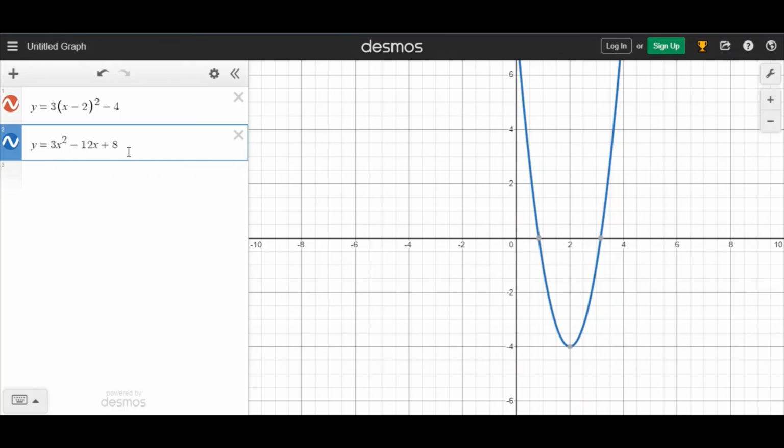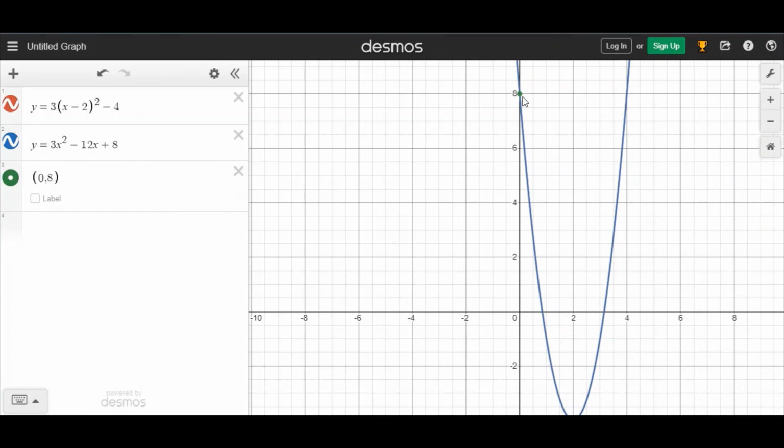The one thing that I do want to point out is that if I were to make x equal to 0, and everywhere along the y-axis is where x is 0, I can find my y-intercept. So if I were to do that, I'm going to see that I have a y-intercept where x is 0, and my y-intercept is where y is 8. Can't see it up here because it's right here.